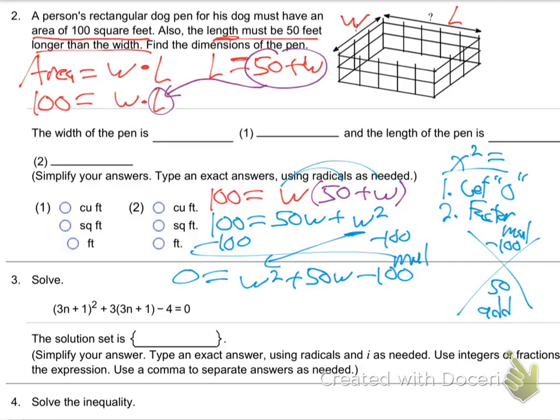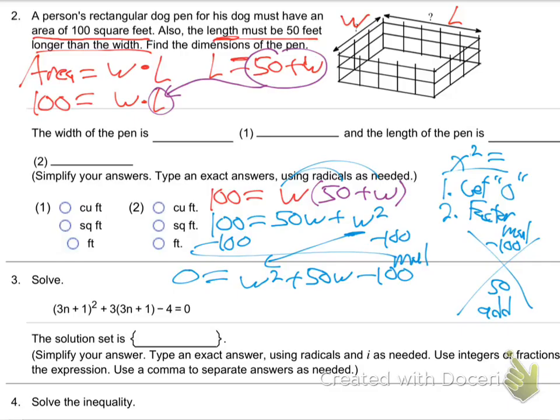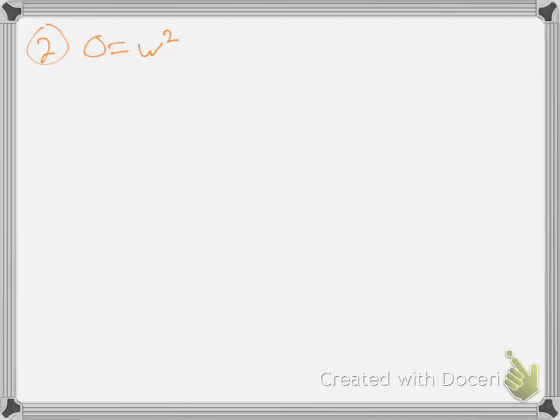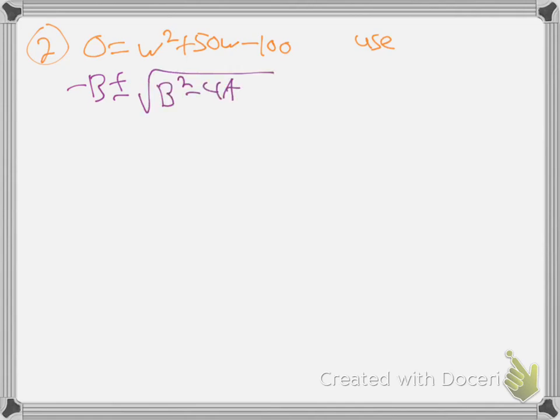Let's go to a fresh screen here. So this is still number 2, and I've got 0 equals W squared plus 50W minus 100. So I'm going to use the quadratic formula, right? If it doesn't factor, negative b plus or minus the square root of b squared minus 4ac all over 2a.